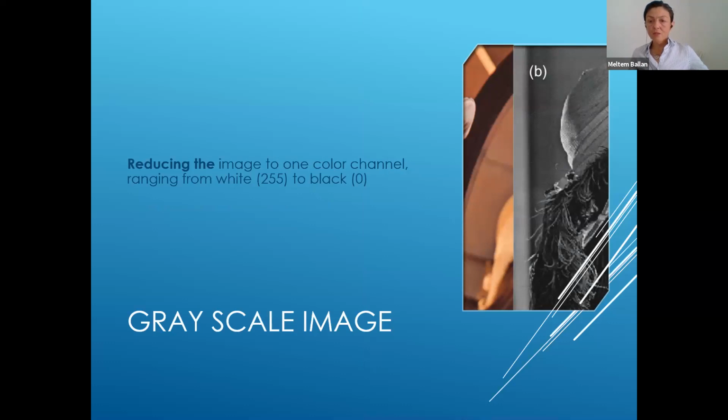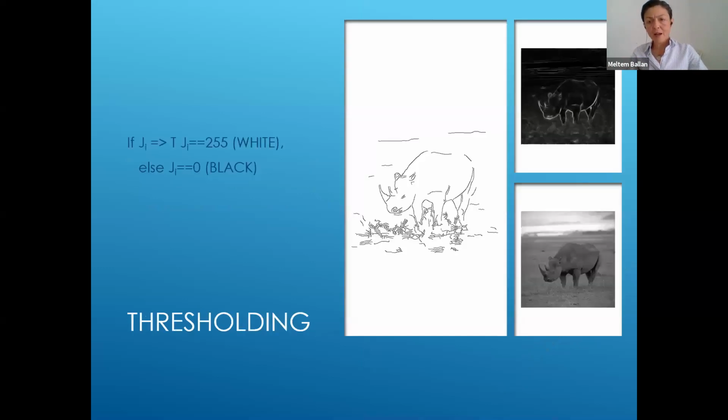And yes, even with today's technologies, it is important to reduce algorithm cost. So we reduce the colors to between black and white using a grayscaling technique. And thresholding is basically changing the color schema with a threshold value.